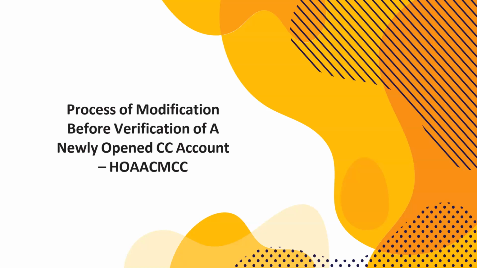I can enter it myself before giving it for verification. In earlier versions of Finacle, this was not there. So the command for that, like I told you, for savings and current, HOAACC, M for modification, CC is for cash credit. So the maker can modify any details and give it to the verifier. Earlier it was to be modified by some other user and then again verified by some other user. So that process has been taken care of.